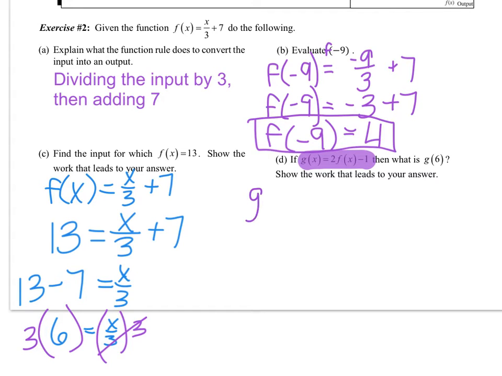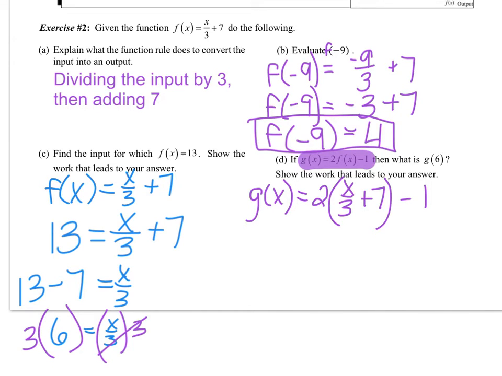So g of x is equal to 2 times, well, f of x, isn't f of x this whole thing, x divided by 3 plus 7? So I'm going to put that in its place. And then don't forget about this minus 1 here. Okay, this looks a little bit more manageable.